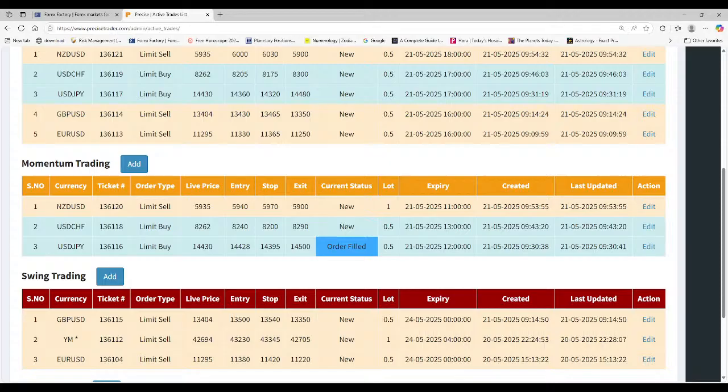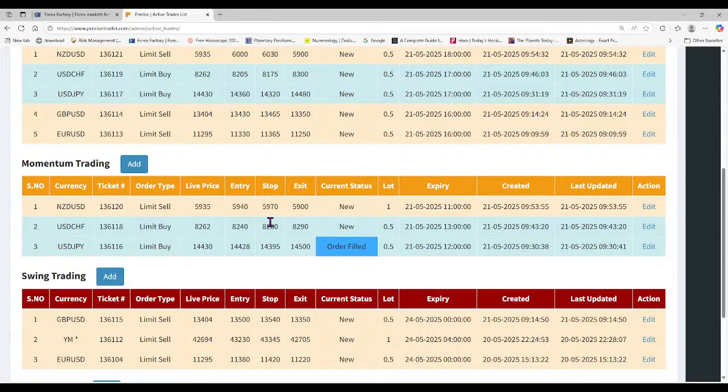Okay, now we will see whether we can go for an entry on the gold. Let me see. Okay, so we are trying to enter.